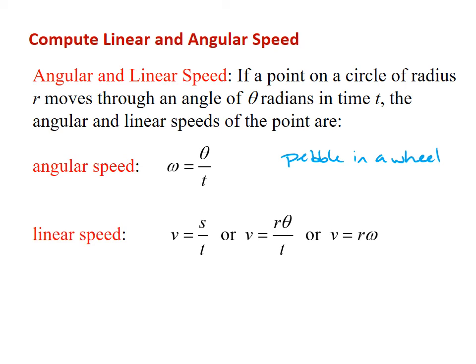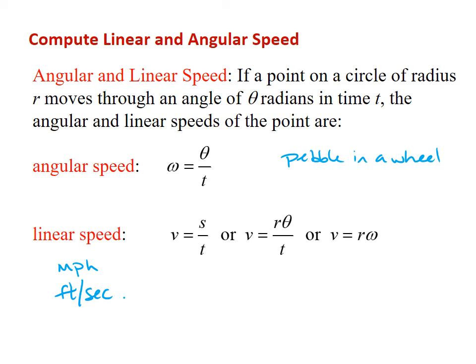That is the angular speed. Whereas linear speed is like miles per hour or feet per second. It is linear. It's kind of like a distance traveled in kind of layman's terms.